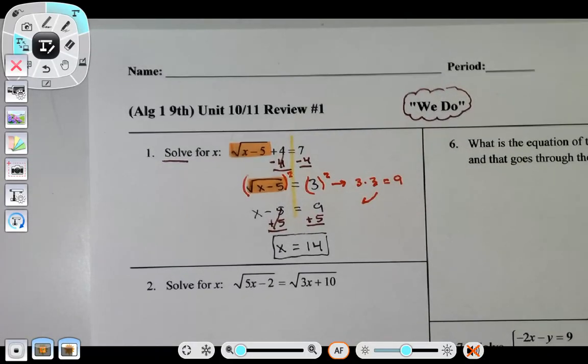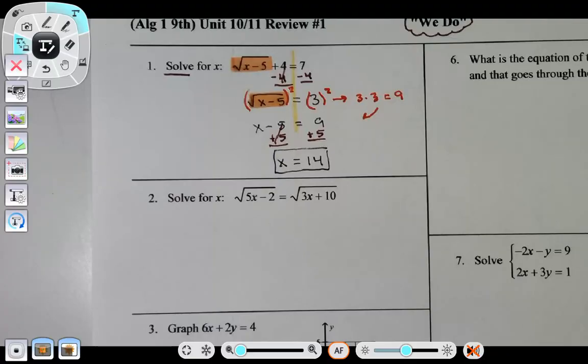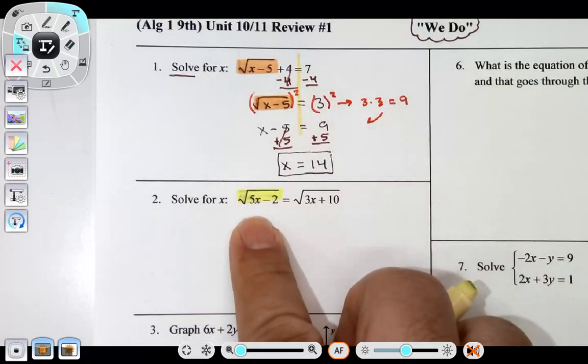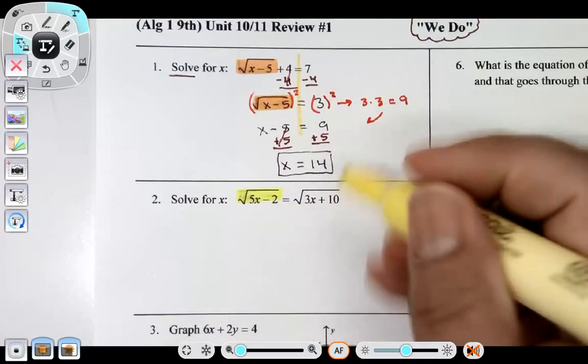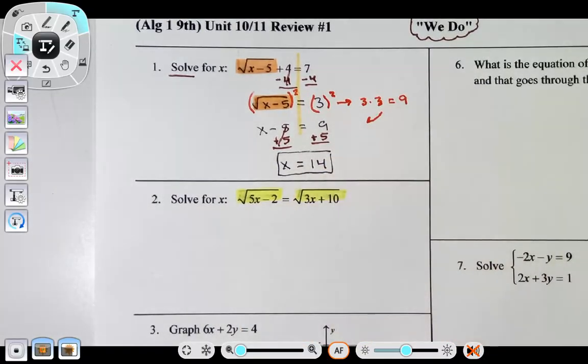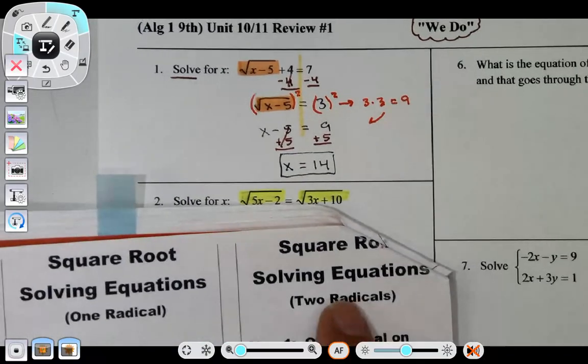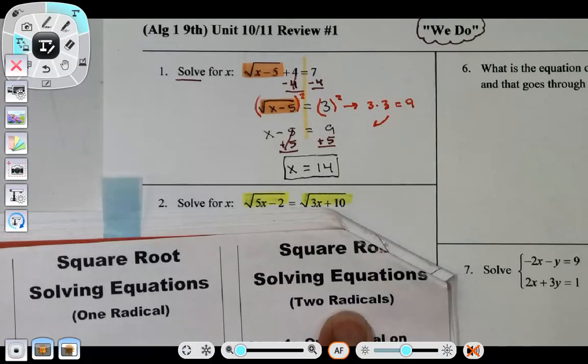Now, when I look at number 2, I have this radical, and the x is stuck in there, but everybody's stuck in there. I've got this radical where everybody is also stuck inside. Well, let me look at my word wall. It says solving equations with 2 radicals.